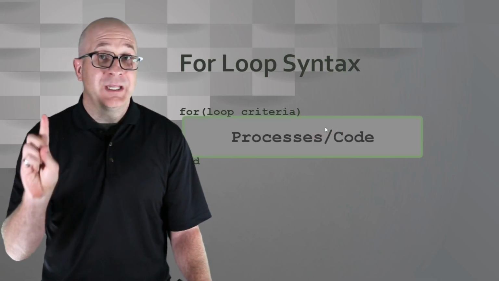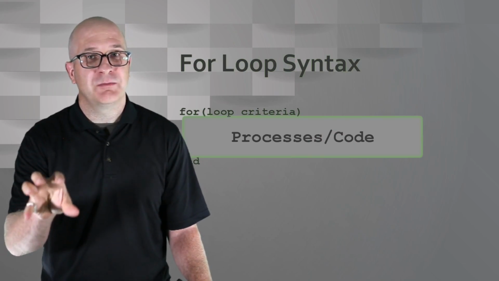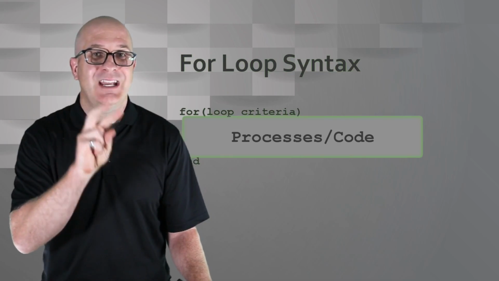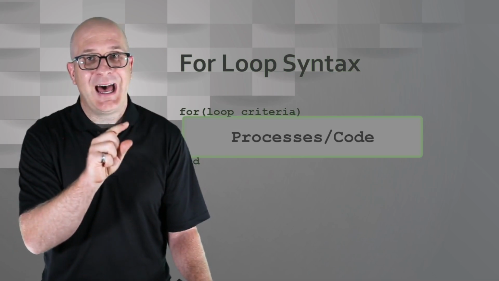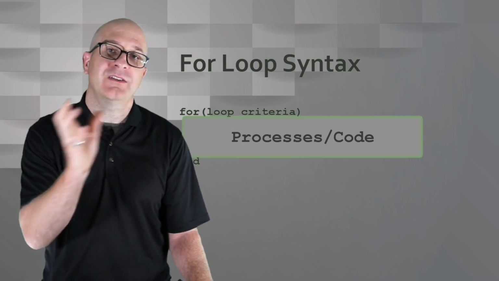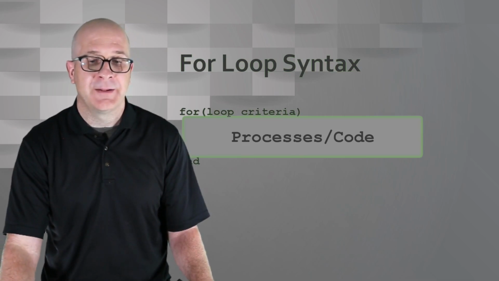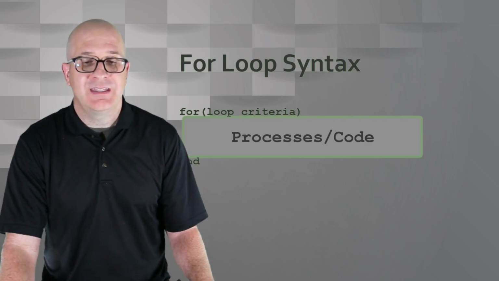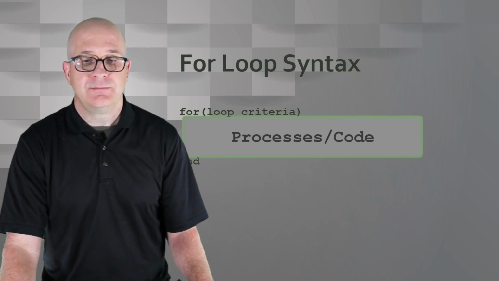One of them is going to be an output process, which is going to be printing to screen. And then the other one is going to be an increment process where we take I and add 2 to it and reassign it back to the value of I. Once we've done 6 loops, we're going to end this for loop. And that's the end statement down here.